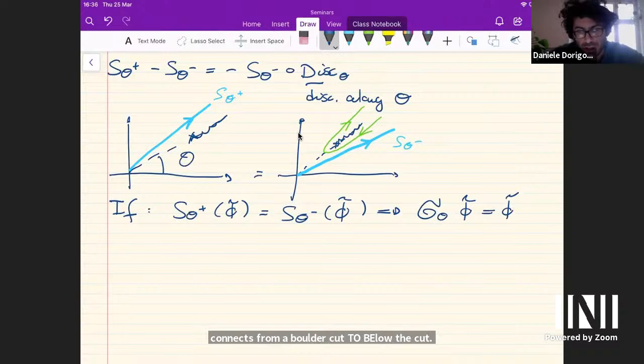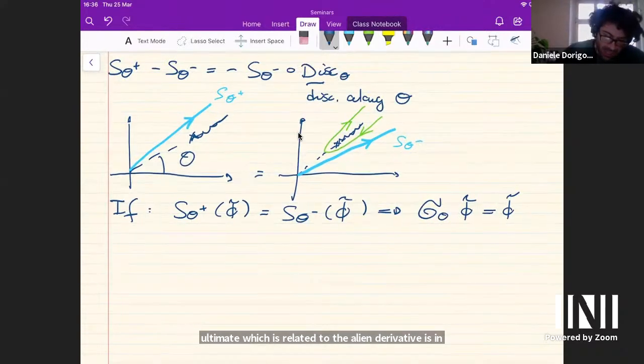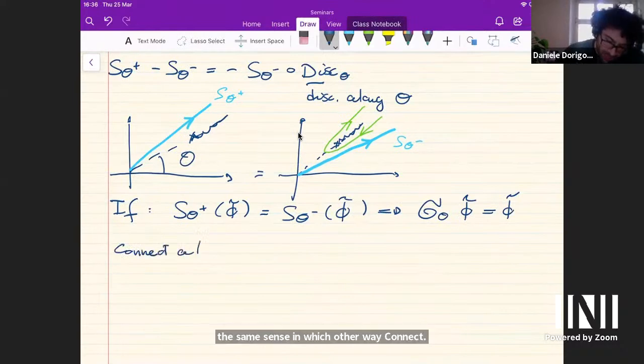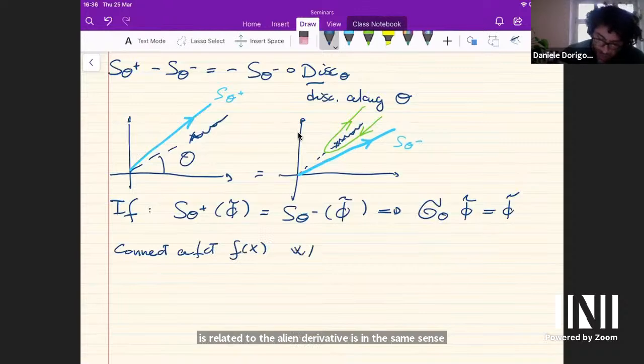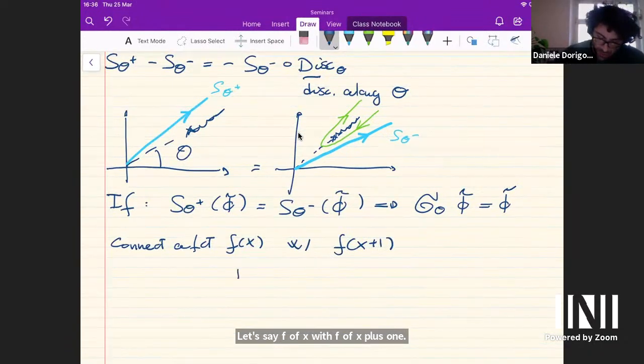So the way to understand how the Stokes automorphism is related to the alien derivative is in the same sense in which, how do I connect a function, let's say f of x, with f of x plus 1? Well, you know what to do. You need to use the shift operator.